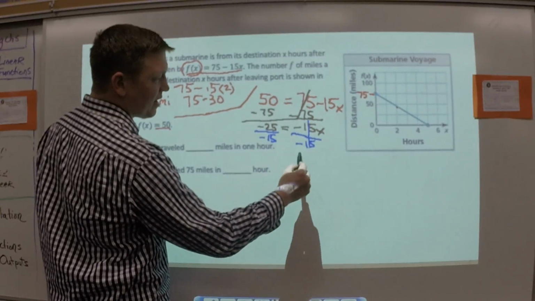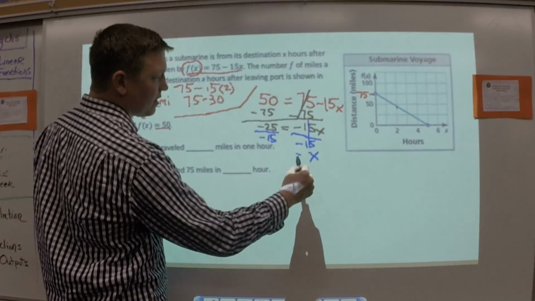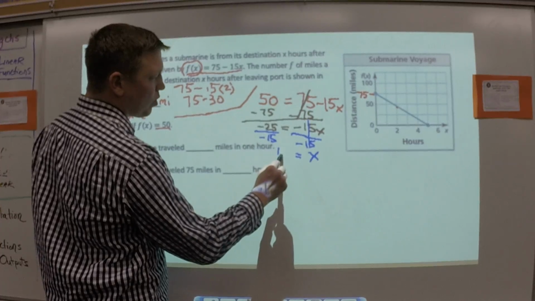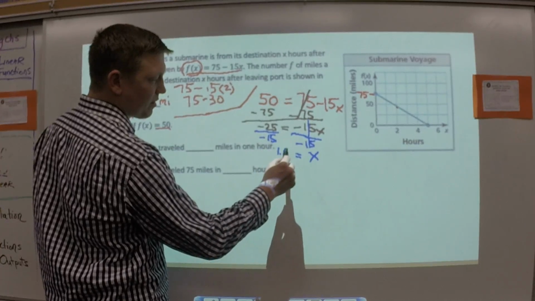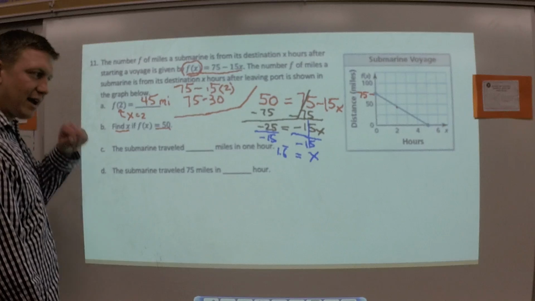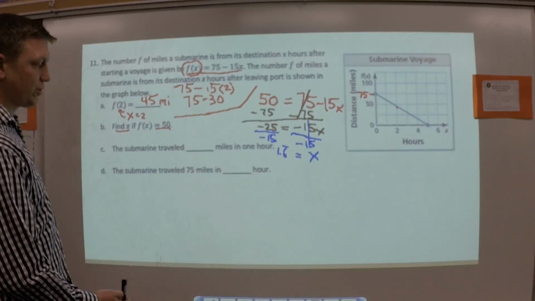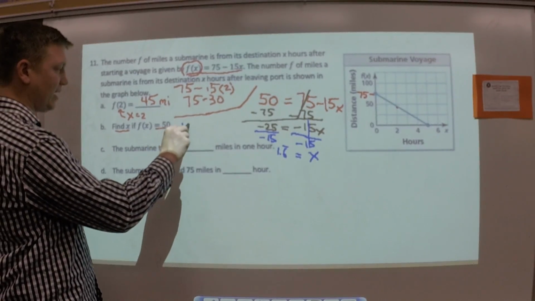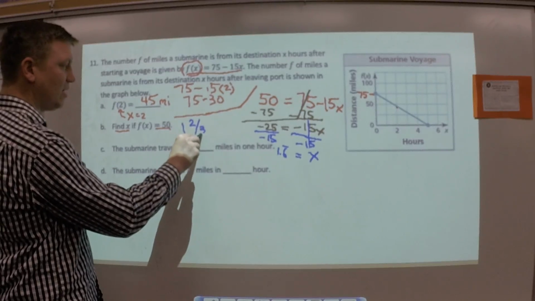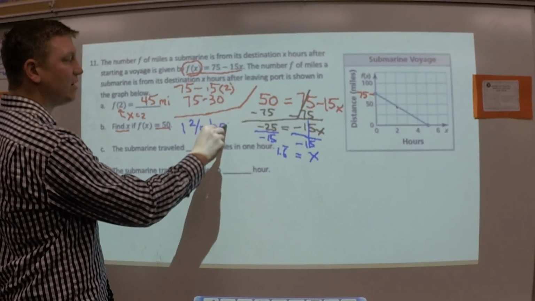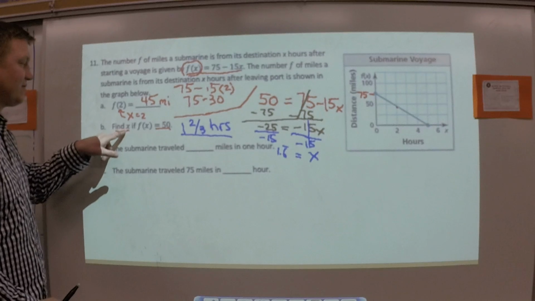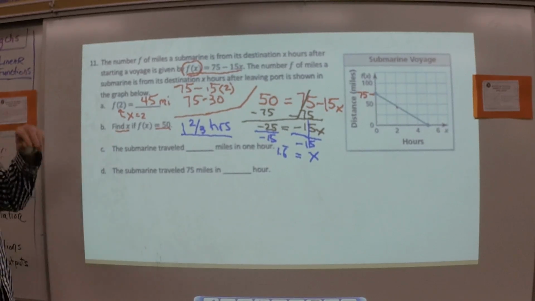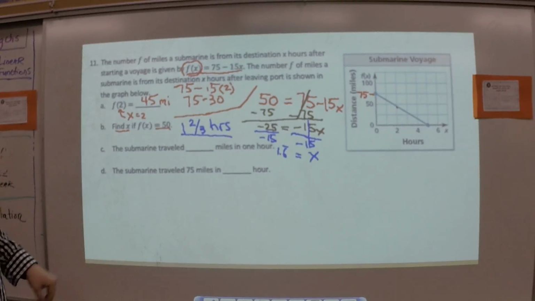And these cross out, and I end up with x equals what? That'll be about 1.66666 repeating, right? So I could write it like that. So it's about 1 2/3. This 1 2/3 would be my answer of what? Hours is what my x variable is. My x variable equals, based on my calculation right there.